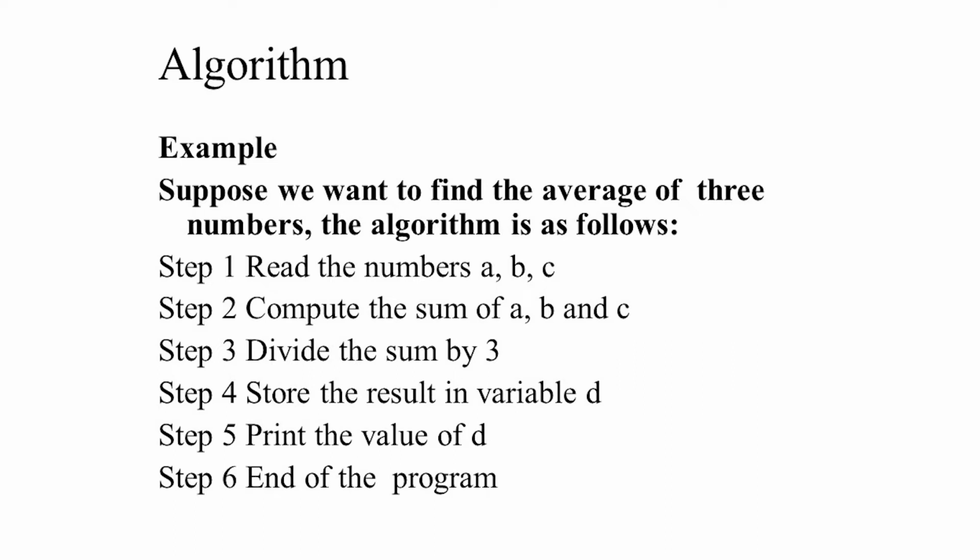The first step is to read the three numbers A, B and C. Then I find the sum of the three numbers A, B and C, and then I divide the sum by 3, then store the result in a variable called D, which will hold the result. Then print the value of D, which ends the program.